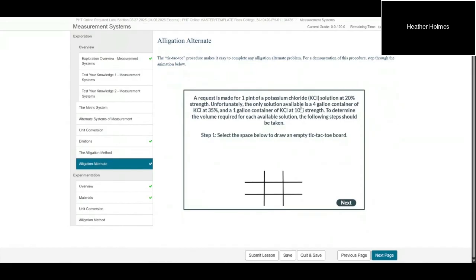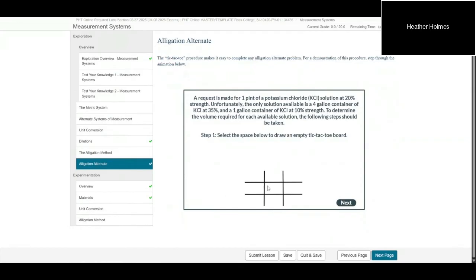Unfortunately, the only solutions you have at your pharmacy are a 4-gallon container of 35% and a 1-gallon container of 10%. So we're going to determine how much of each one we'll use to combine to get this 20%.